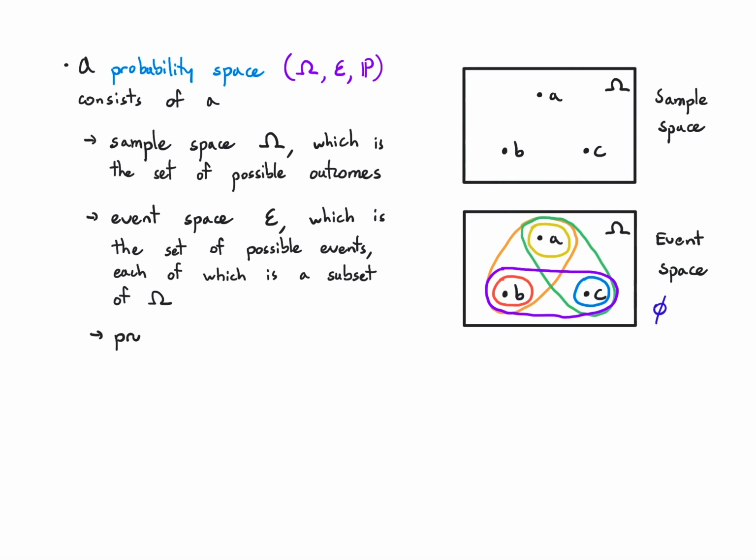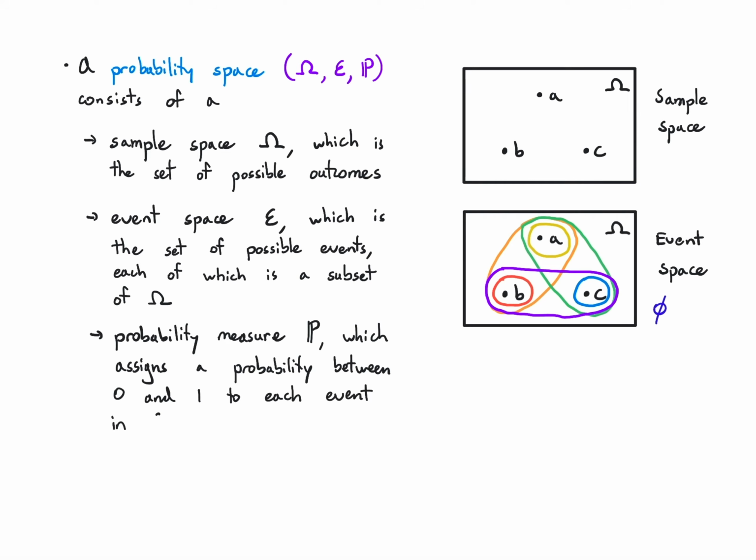Finally, I have the probability measure. So the probability measure is going to take these events, in this case, all possible subsets. It's going to assign them probabilities between 0 and 1. And so let's draw the interval between 0 and 1, and let me just start assigning probabilities kind of arbitrarily, right? So maybe I have some property I want to satisfy, like maybe I want things to be equally likely.